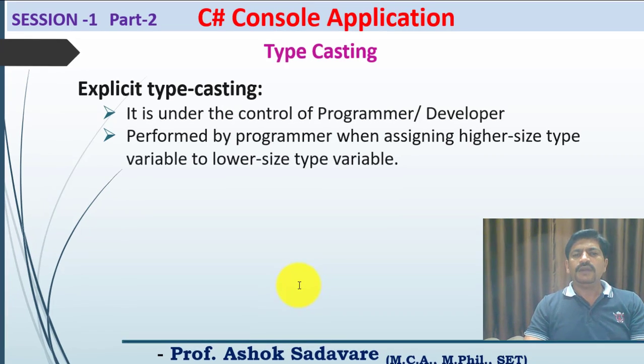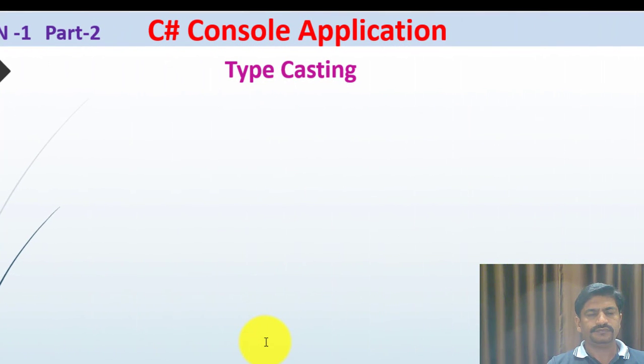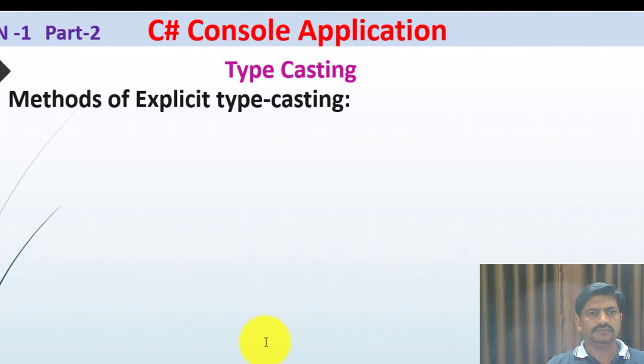It is performed by the programmer when assigning a higher size type variable to a lower size type variable. When you assign a higher size type variable to a lower size type variable, explicit typecasting is required.